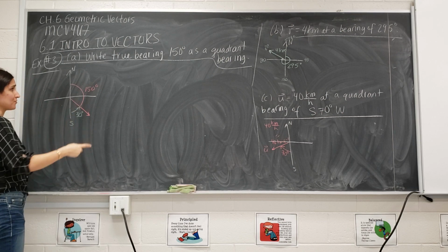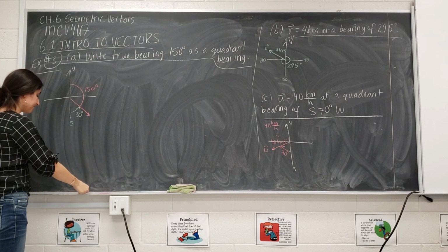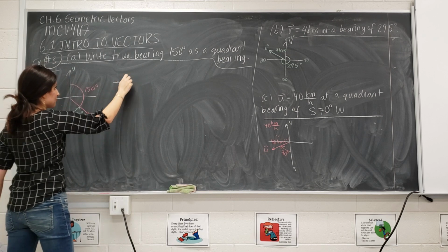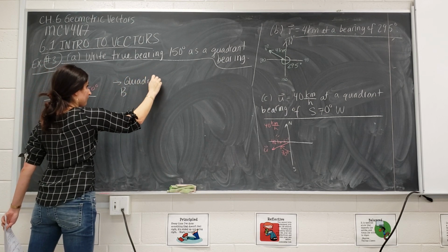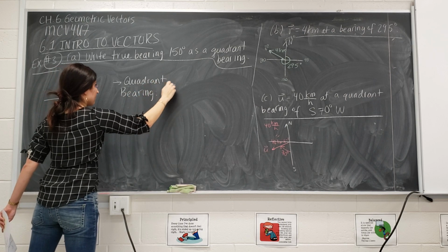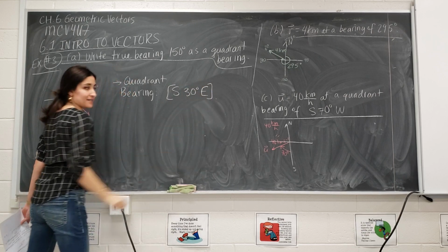As opposed to starting from north and going 150 degrees east. So here, we'll say that the quadrant bearing is south 30 degrees east.